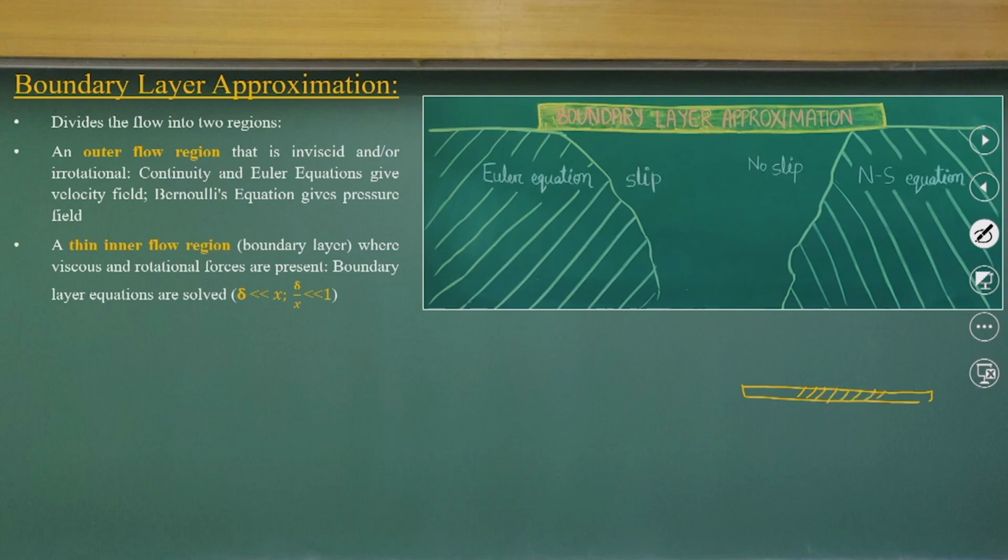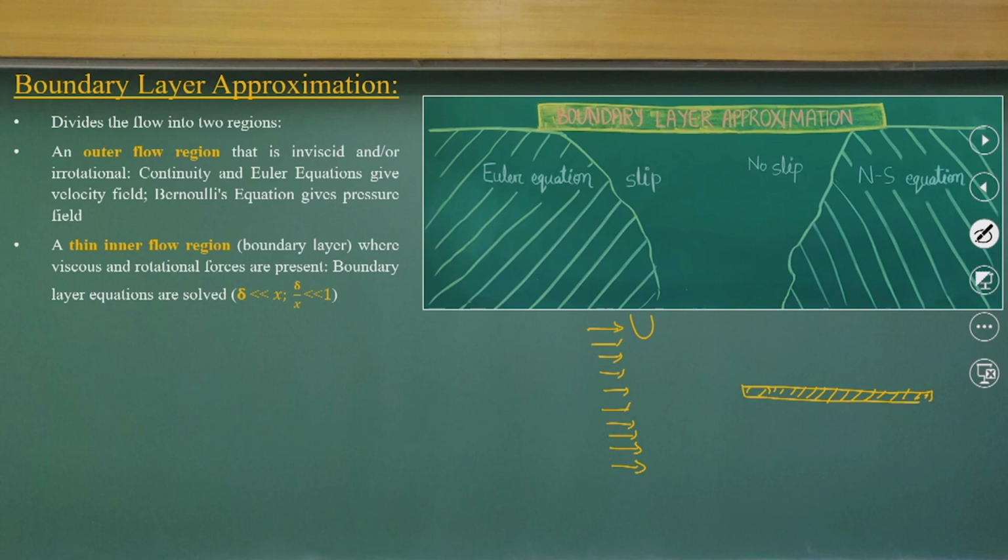To simplify the problem, not looking at complexity at the very beginning, consider a plate and you have a uniform stream flow. Many of the times we designate this as capital U stream flow.